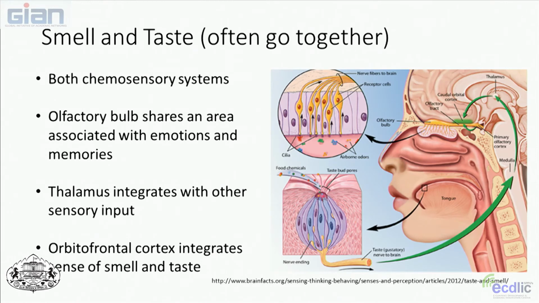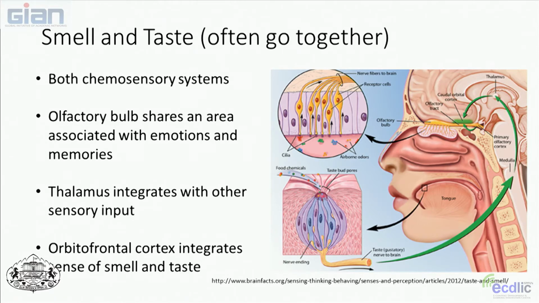Okay, and like you mentioned, smell and taste often go together. They're both chemosensory systems. The olfactory bulb shares an area, like I said, associated with emotions and memory. And the thalamus integrates the taste with the other sensory input too. The orbital frontal cortex also is involved in integrating the sense of smell and taste.